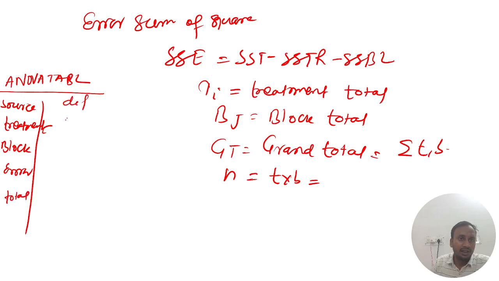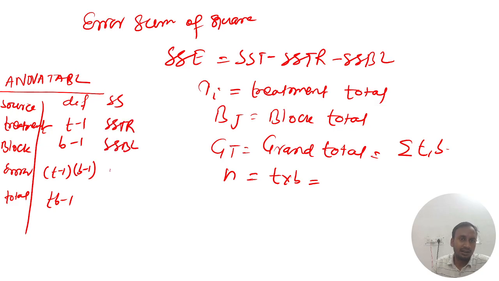What is the degree of freedom? T minus 1, B minus 1. For error, T minus 1 into B minus 1, and TB minus 1. What is the SS? SSTR, SSBL, SSE, SST.